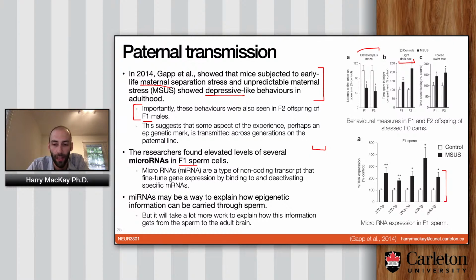MicroRNAs are not really part of this course exactly, because I don't really consider them to be a type of epigenetics, but they're there and they might explain this, because it's one more type of information aside from DNA that the sperm can carry along with it. And so we'll just leave it there. There's a lot more to be asked about this and verified before we can really say for sure that this is how it works. But in addition to the DNA, let me just put it this way.